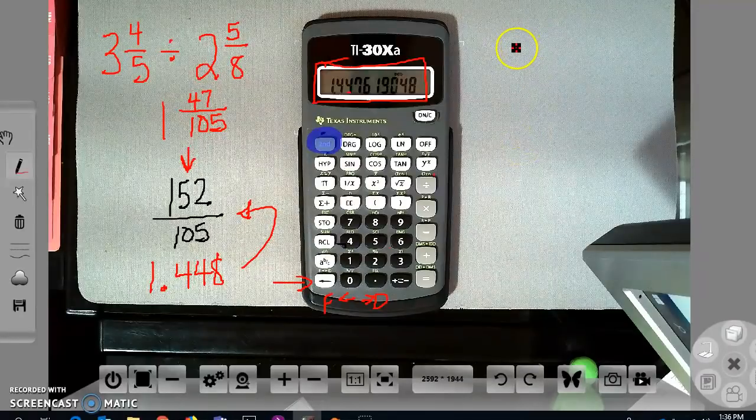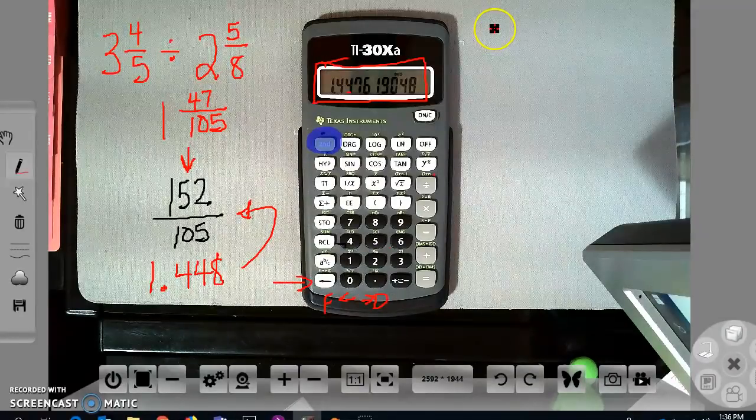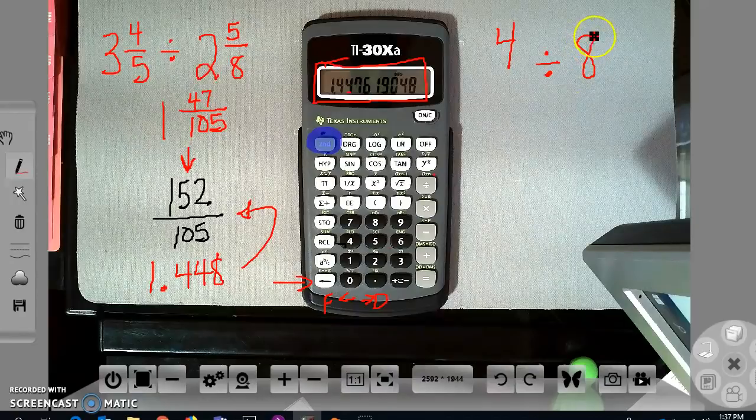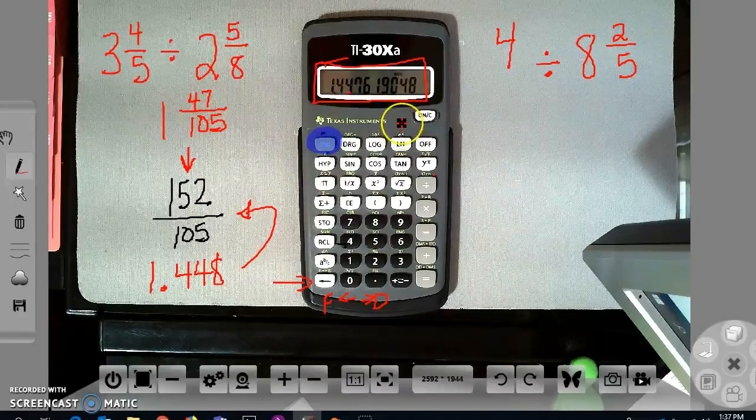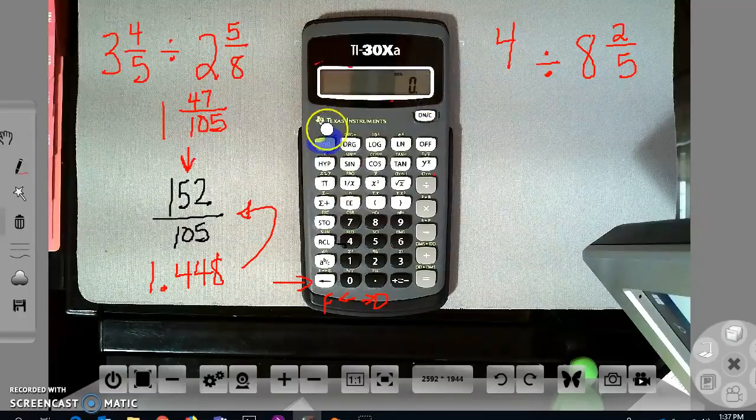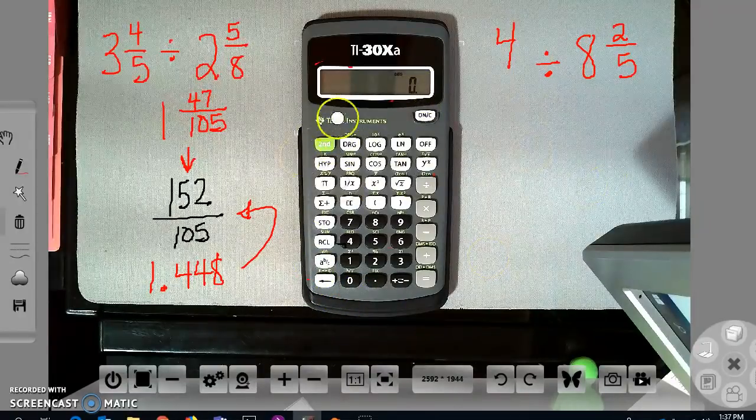Let's do another division. What if we have a whole number divided by a fraction? So we're going to clear it out. I'm going to take off all this. And I'm going to start the same way.